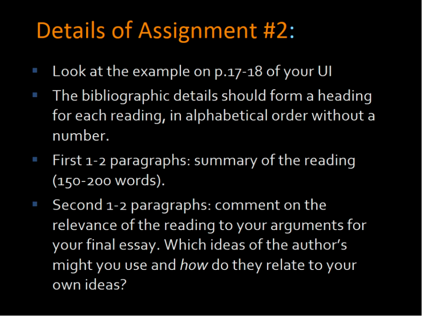So for the annotated bibliography, think about it being about 150 to 200 words for your summary. Your summary will probably be longer than your comment, because it's fairly hard to summarize each of the readings in less than 150 to 200 words. In fact, it's quite a difficult task.